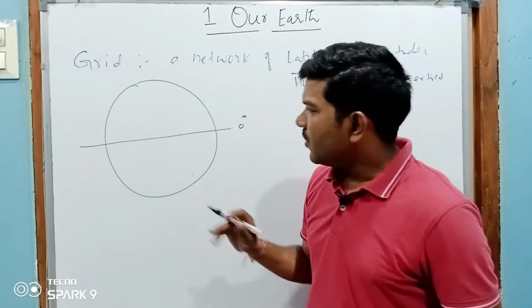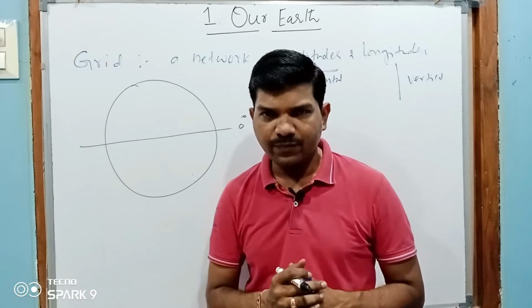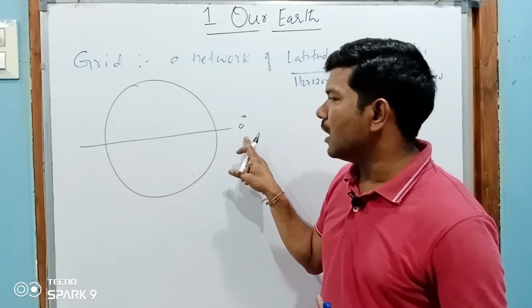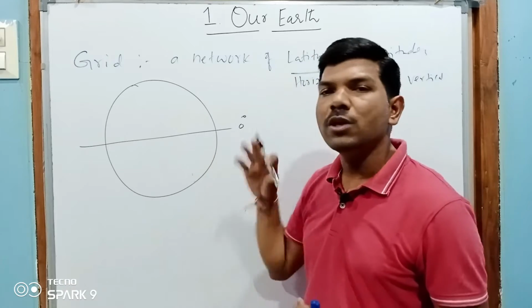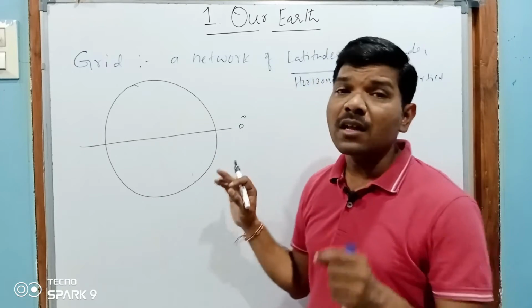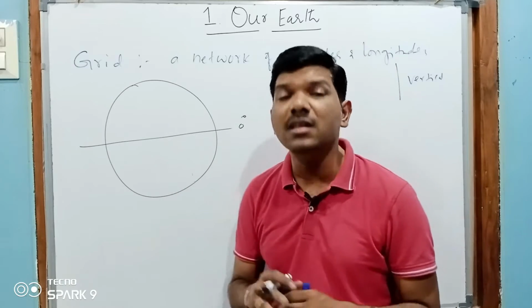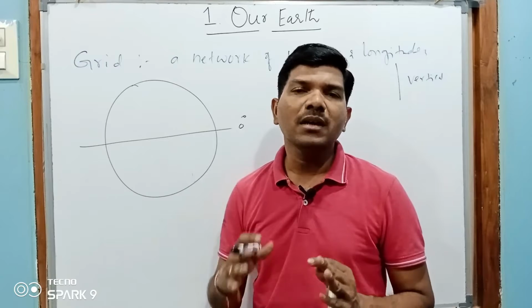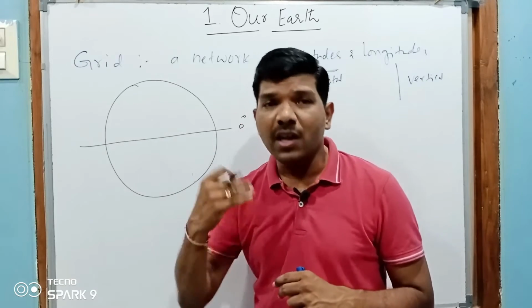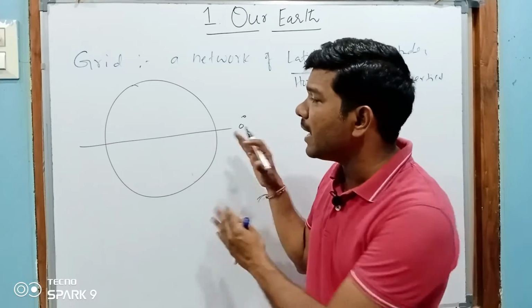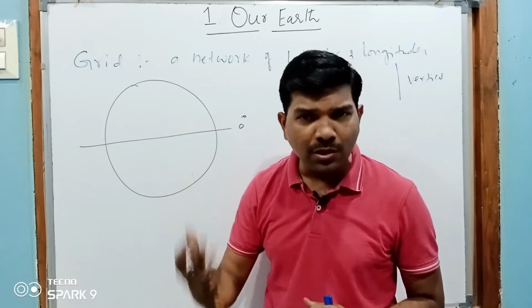The Equator, 0 degree latitude, divides the Earth into two equal halves. These are all imaginary lines. Sir, does this Equator really exist? These are all imaginary lines, made for various purposes. We made this kind of longitude and latitude system.